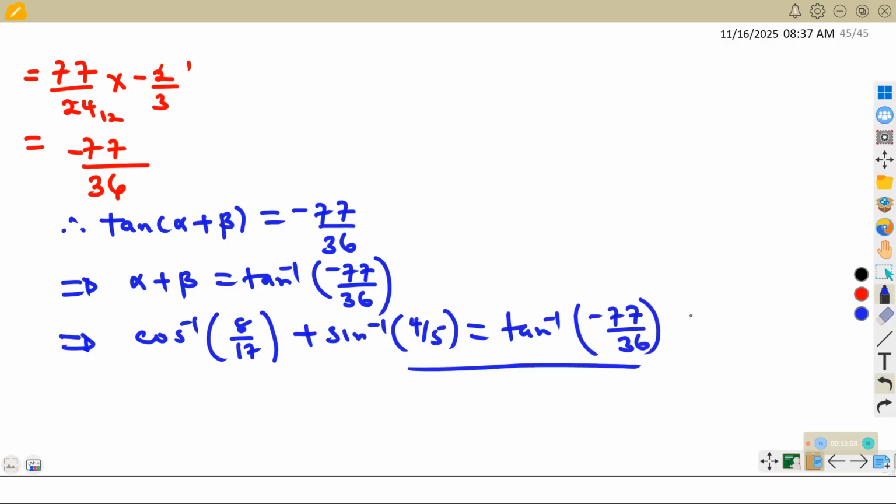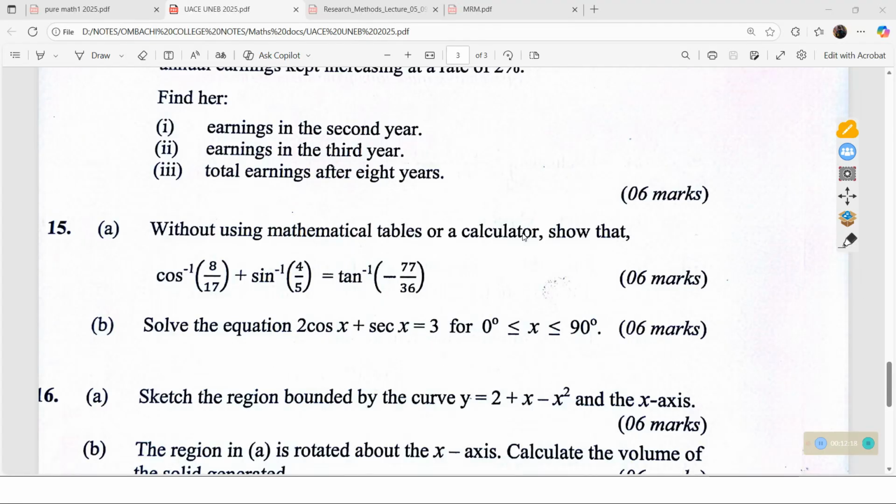And that is what has been required. So this is the required expression. So it means this part here, which is part A, will be answered. So 15 part A will be answered.